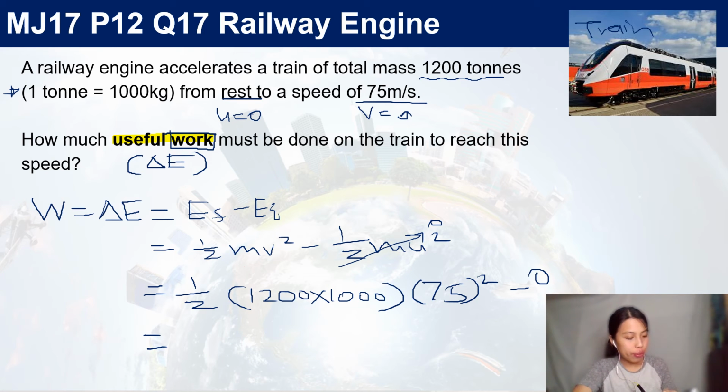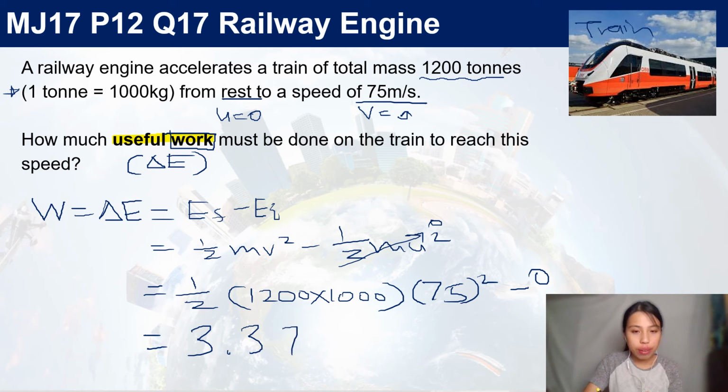So 0.5 times 120,000 times 75 squared. Wow, that's a lot of energy. If you see the ENG button on your calculator, you can press it and it will give you standard form, something like this: 3.375 times 10 to the 9. What's the unit? Joules, still joules.